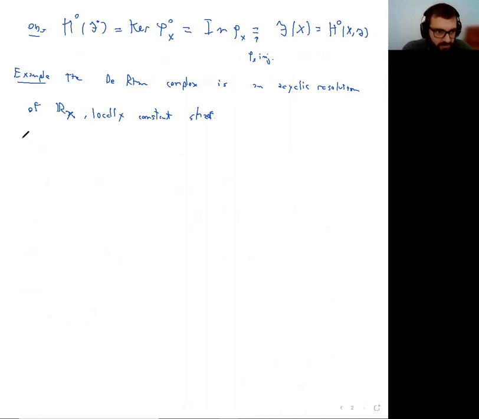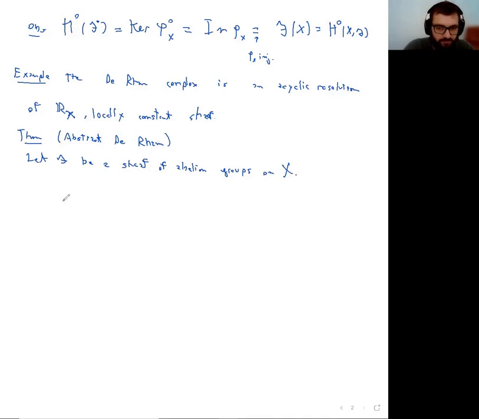And why are these resolutions, and in particular acyclic resolutions, important? Because of the theorem, which is the abstract de Rham theorem. So we take a sheaf F of abelian groups on X, and we take an acyclic resolution for this sheaf.